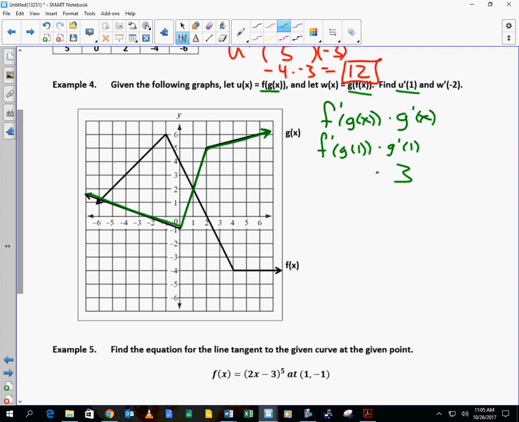Times f prime of g of 1. What's g of 1? 2. So I have f prime of 2 times 3. What's f prime of 2? Negative 2. You got to keep it straight.